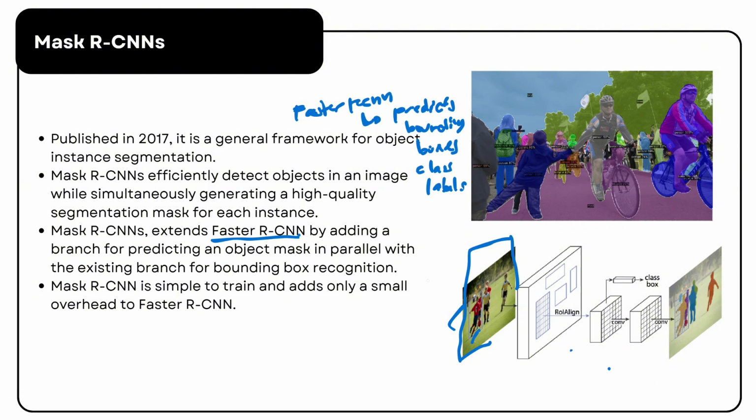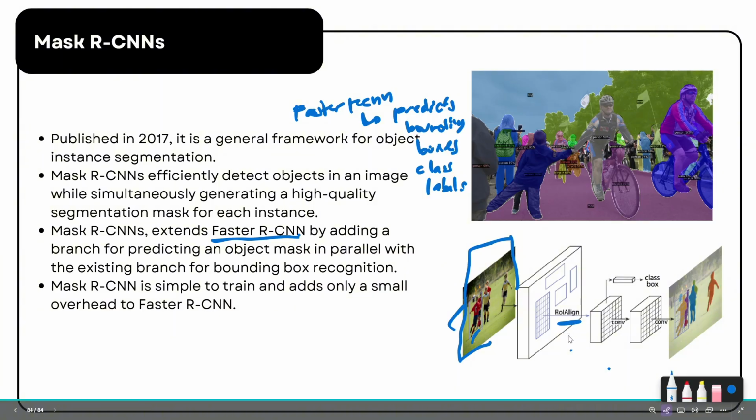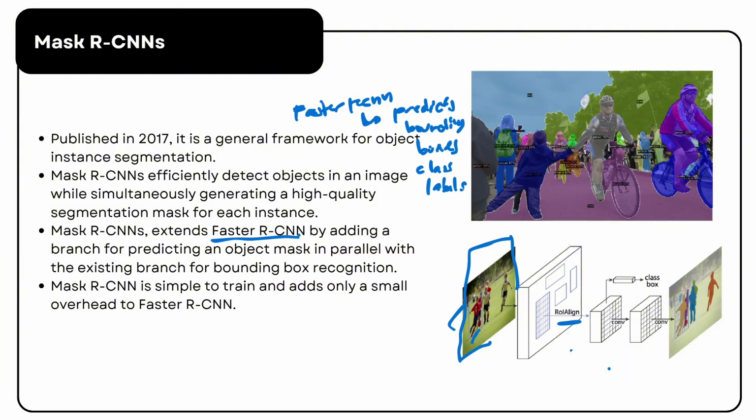And then it adds an extra segmentation branch in parallel, as you can see here, which produces a pixel level mask for each detected object. This is made possible by what is called ROI Align, which improves the precision of the mask by aligning features correctly, fixing a problem in the ROI pooling that we have already discussed in Faster R-CNN.